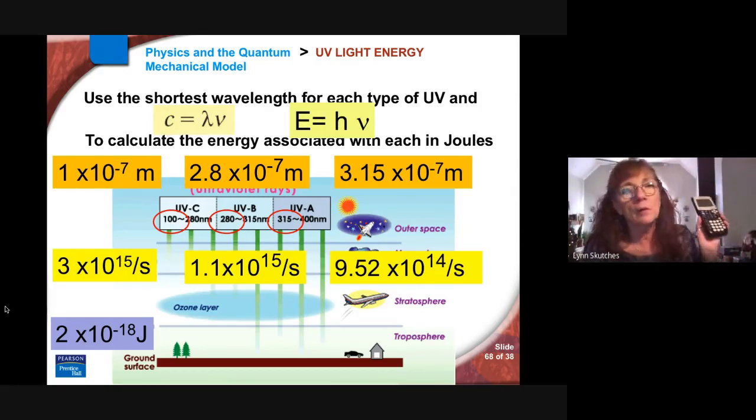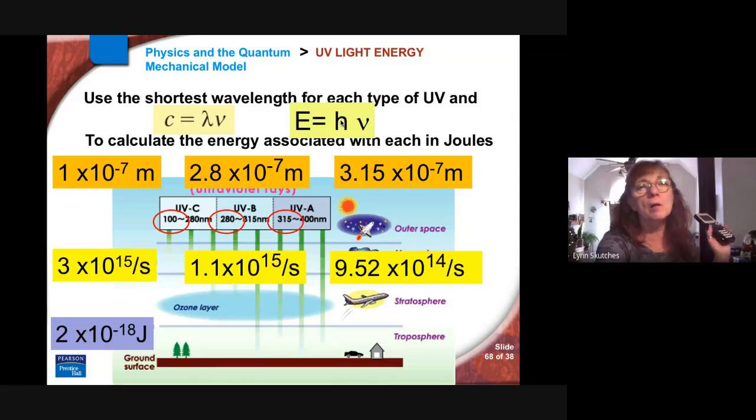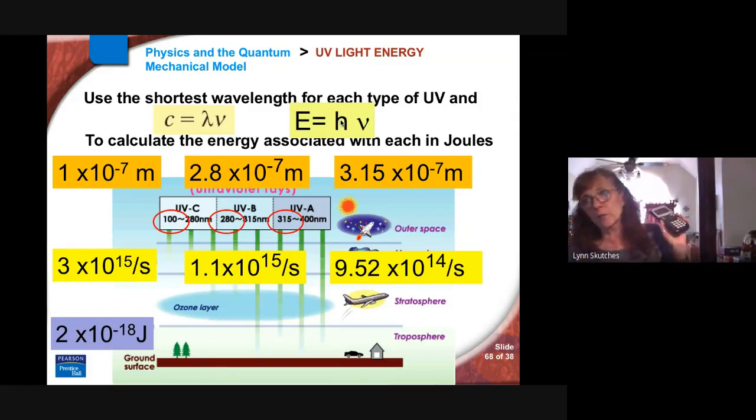So you round to 2. And the exponent says negative 18, so you put in times 10 to the negative 18. This time it is in joules, because remember Planck's constant is joules times seconds. Seconds on top cancels the second in the denominator.